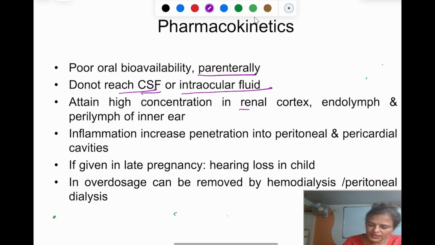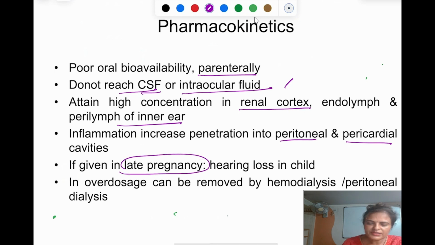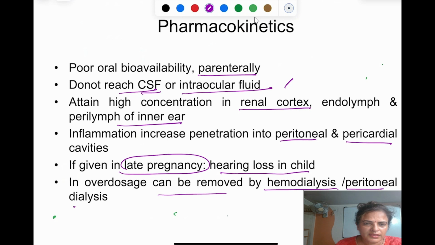It achieves high concentration only in the renal cortex and in the labyrinthine fluid of the inner ear. Inflammation increases penetration into the peritoneal and pericardial cavity. It is contraindicated in pregnancy because it can cause hearing loss in children. If overdose happens, we can remove it by hemodialysis and peritoneal dialysis.